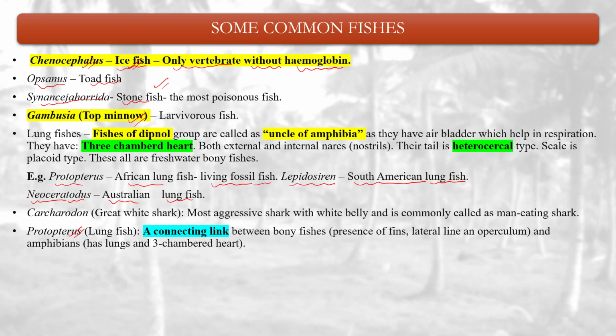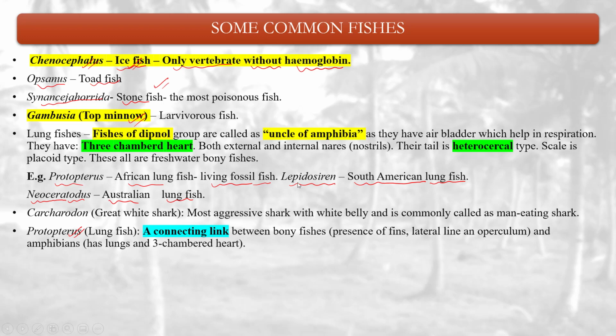The lungfishes belong to the dipnoi, which have air bladders for assisted respiration, not the prime respiration. Their heart is incomplete three-chambered, as I told you in the last lecture. Nares means nostrils. They have both external and internal nostrils, a remarkable feature in bony fishes.